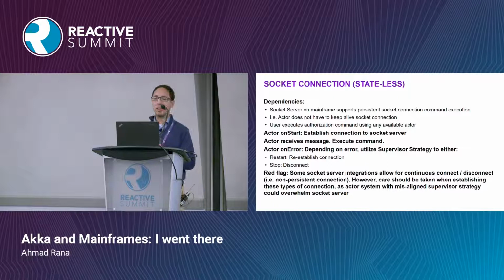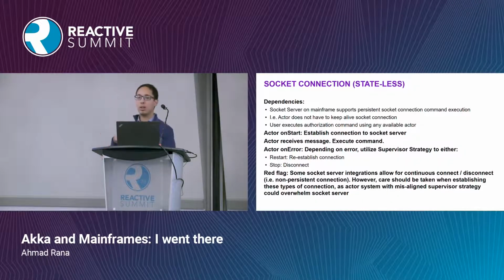So if we were using an actor to represent that particular connection, it didn't need to keep the connection alive. It just needed to open and reuse. Of course, if any authorization was required initially to log in a user, any connection could be used to do that authorization.